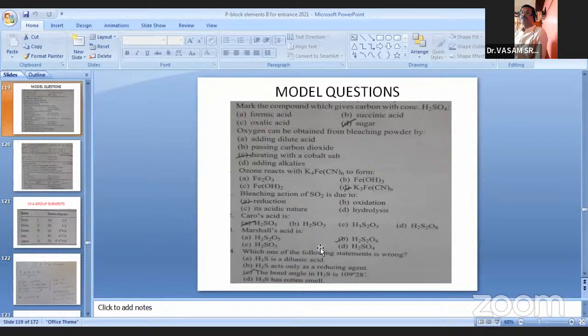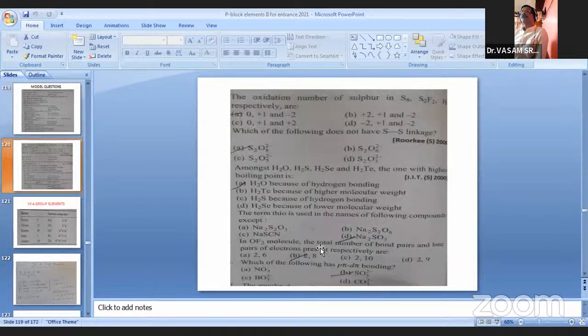So the shape of the molecule is V shape. Therefore the bond angle decreases from 109° to 92° due to lone pair-lone pair and lone pair-bond pair repulsions according to VSEPR theory.